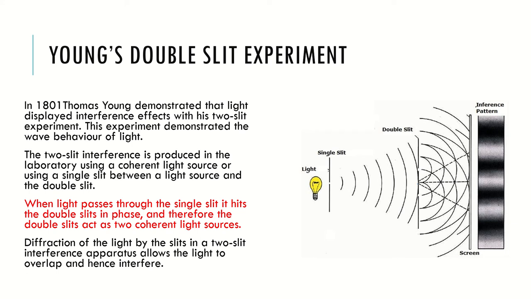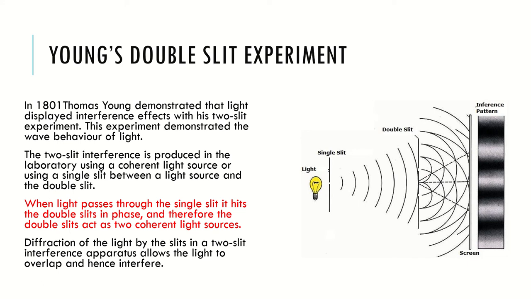So the two slits hit as two coherent light sources, in phase with one another. And then once the light passed through the double slit, it again diffracted and spread out. And this one also diffracted and spread out.